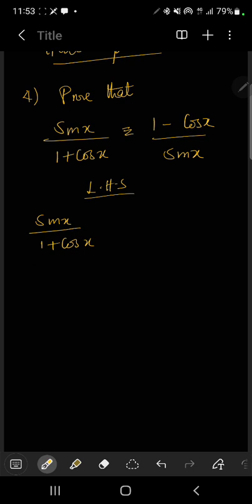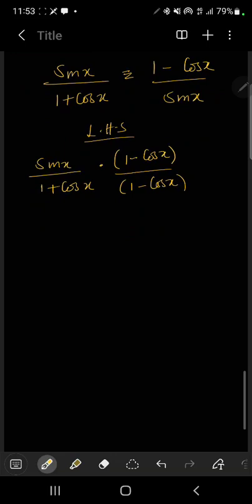In the denominator we've got 1 plus cos x. The conjugate, using the knowledge of surds that we looked at earlier, is where we change the sign in between. If the sign is positive, it becomes negative. So the conjugate will be 1 minus cos x over 1 minus cos x. You multiply the conjugate both to the numerator and to the denominator.